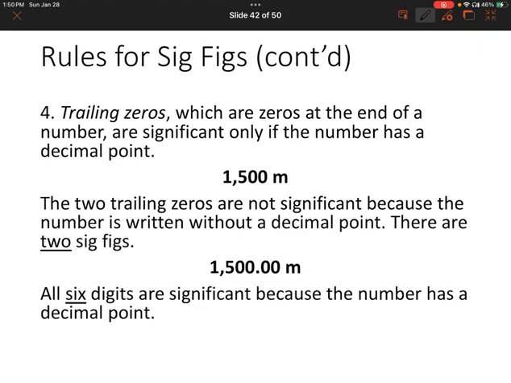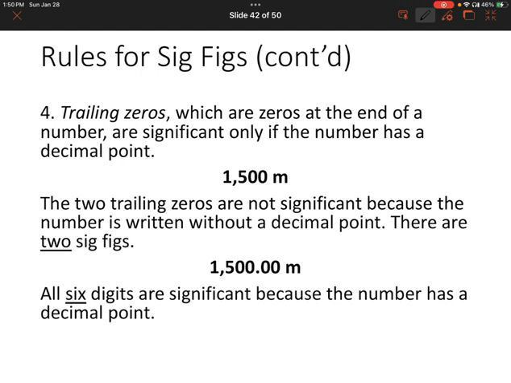If a zero comes after a non-zero value, we call those trailing zeros. Those are zeros at the end of a number, and they're only significant if the number has a decimal point. For example, let's say we measure something to be about 1,500 meters. We're not entirely sure about that value, so we're not going to put a decimal after it.